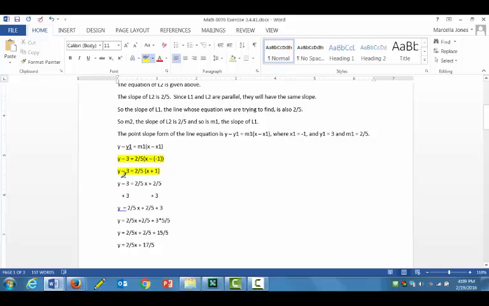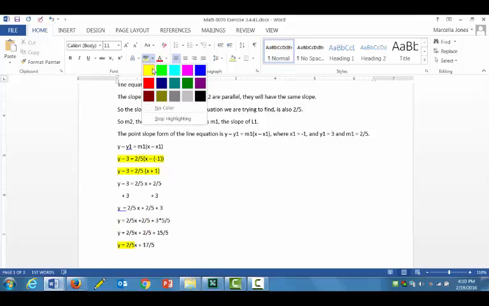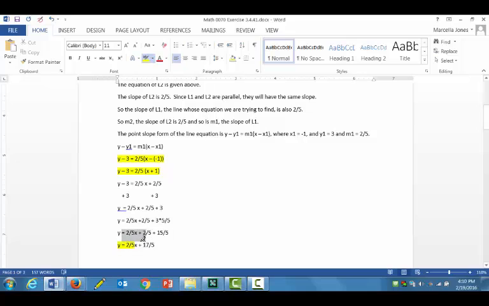The line below that, y minus 3 equals 2/5 times the sum, x plus 1, could have been entered as the answer. And this very last line could have also been entered as the answer. So any of those three highlighted lines could have been the answer.